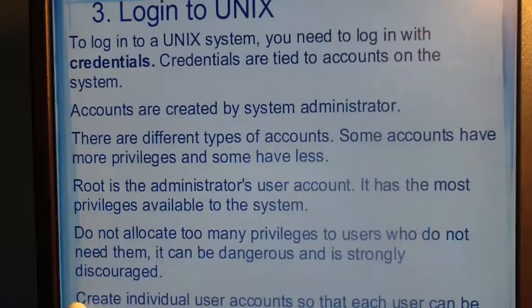You can give names like Sanjay Sharma. Sharma is the name of the user, or Oracle is the name, or WebLogic is the name, or something like that. Those users you can create.